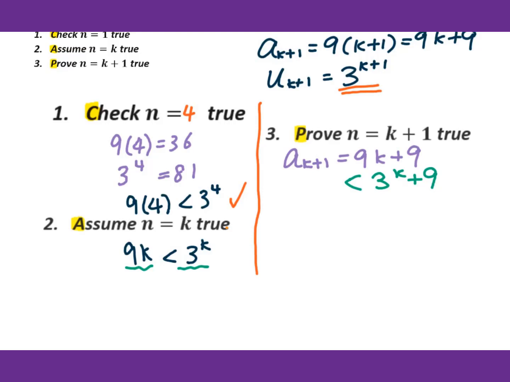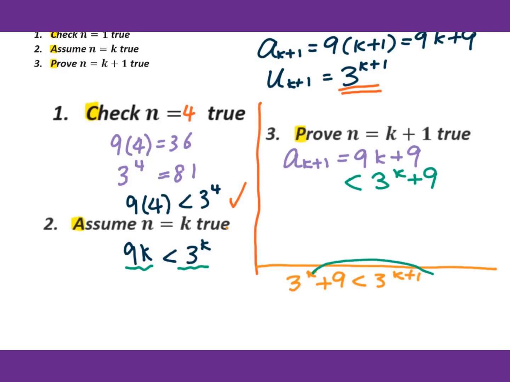It's hard to think 3 to the kth power plus 9 less than 3 to the k plus 1's power. This is how you think. I will do 3 to the k plus 9 less than 3 to the k plus 1.